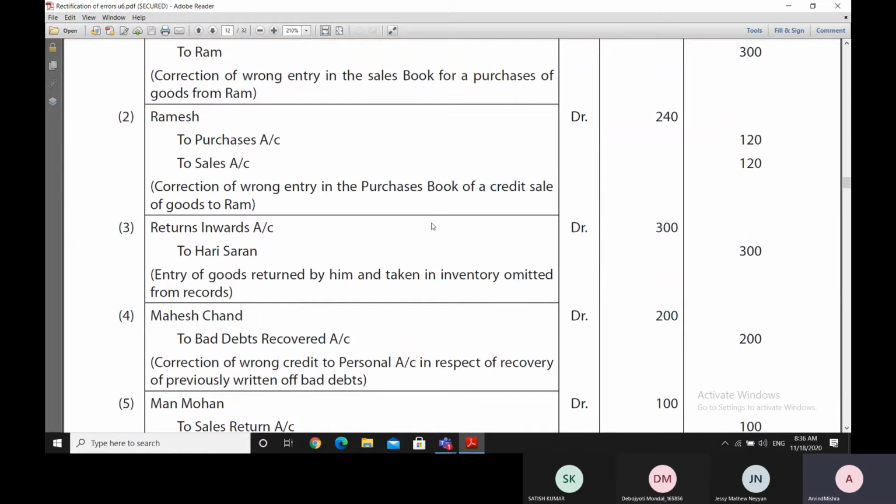Therefore, we debit the return inward account and credit Harisaran. This is a simple one, because an entry which was omitted from the books of accounts is being made here. It is a simple omission being filled in.